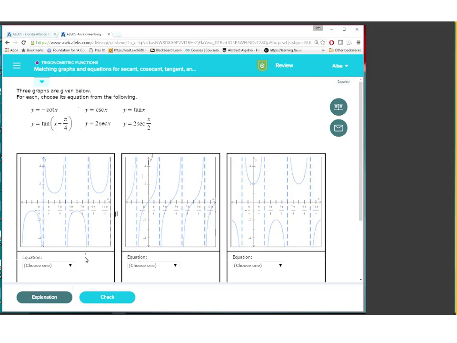Cosecant, because sine of 0 is 0, the reciprocal would mean that the cosecant is undefined at 0.